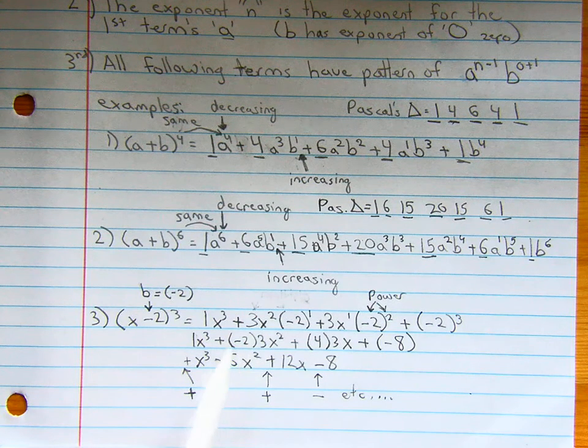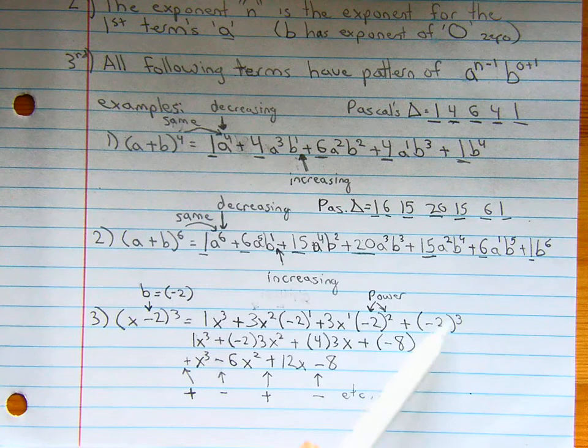So then from there, you are multiplying. This is 3 times x squared times -2. So you'd multiply your constants together and get -6. Over here, make sure you square first before you multiply by the 3. And because it's a square, it turns it positive and you get positive 12.